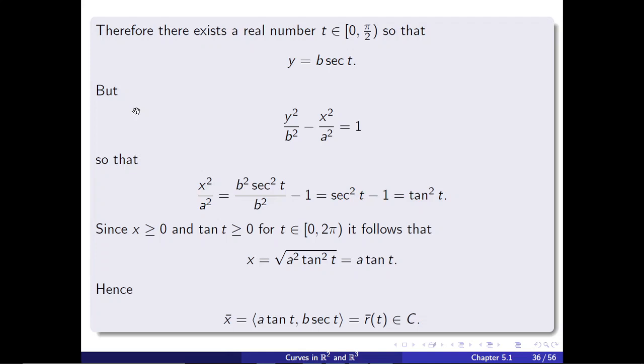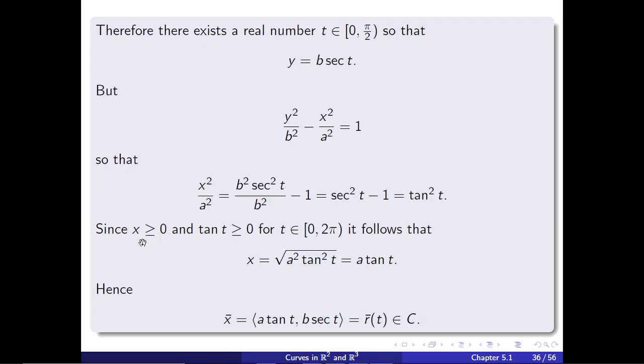But we know that y squared over b squared minus x squared over a squared is equal to 1, so we can say x squared over a squared is equal to y squared over b squared minus 1, which is sec squared t minus 1, and we know that that is equal to tan squared t.